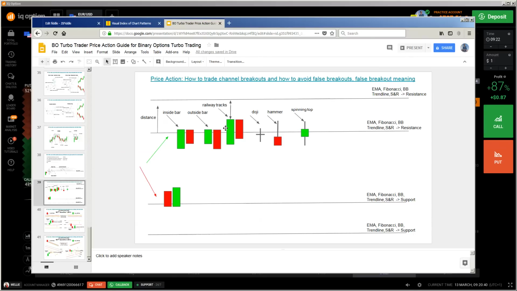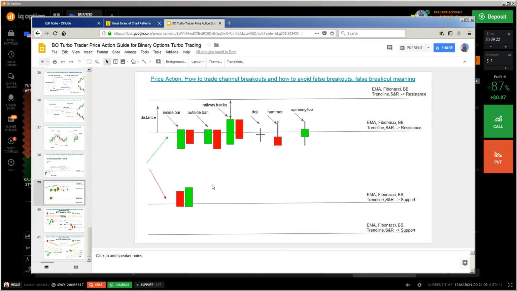That is all about ratios between support and resistance levels, and obviously also trends, how strong the trend is, and also candlestick patterns.